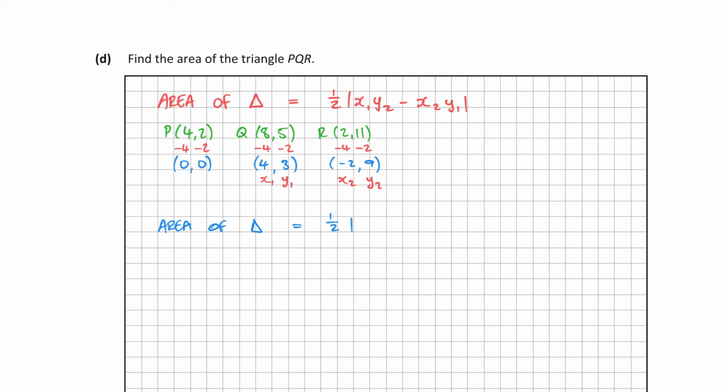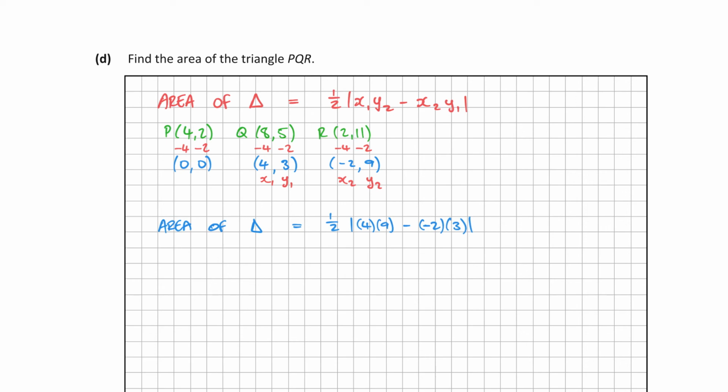Half the modulus of x1, which is 4, times y2, which is 9, subtract x2, which is -2, times y1, which in this case is 3. And that's obviously the modulus.